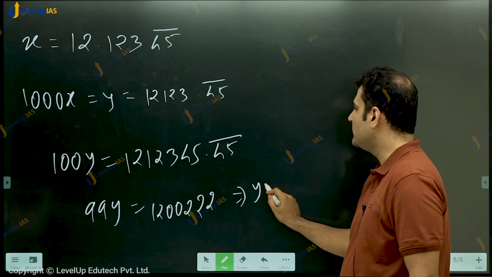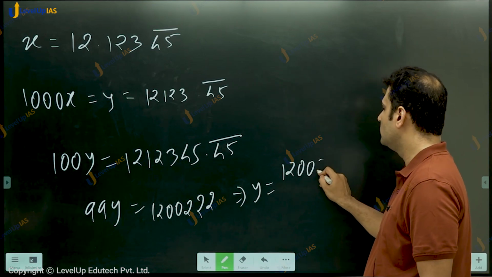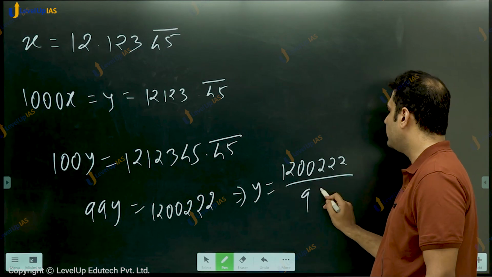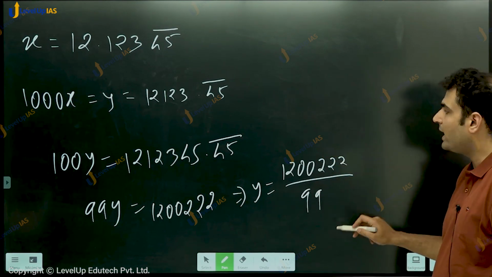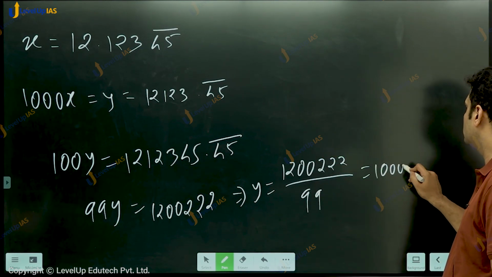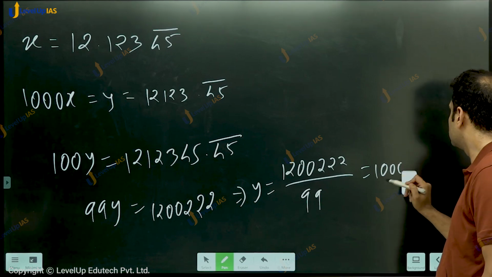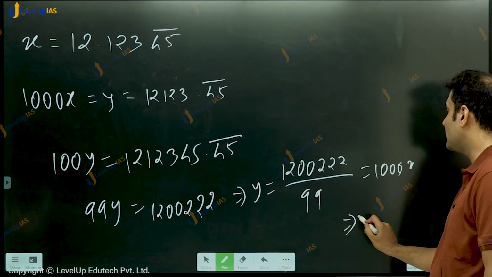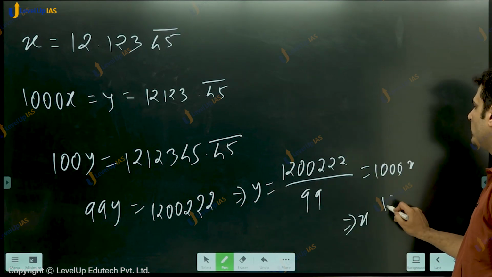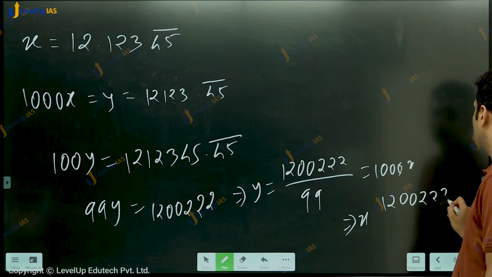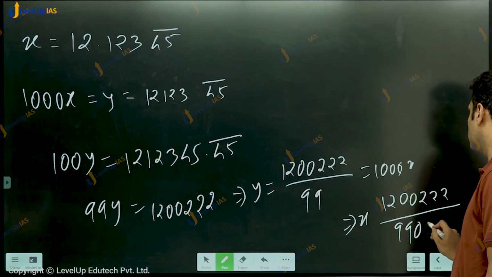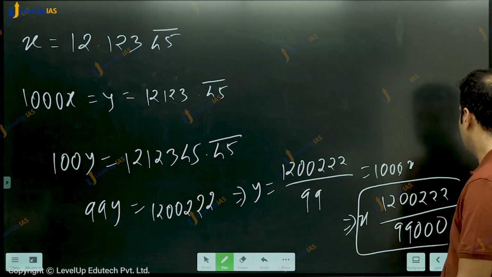Which implies y is equal to 1200222 divided by 99. But y क्या है, y is 1000x. तो इसका मतलब x क्या आ जाएगा जो हमें चाहिए, which is 1200222 divided by 99000. ये आएगा आपका x का आंसर.